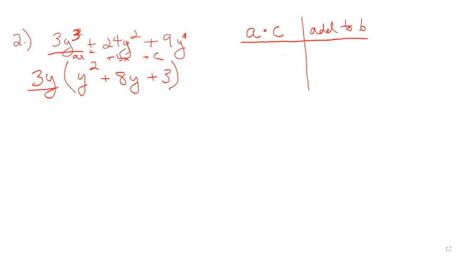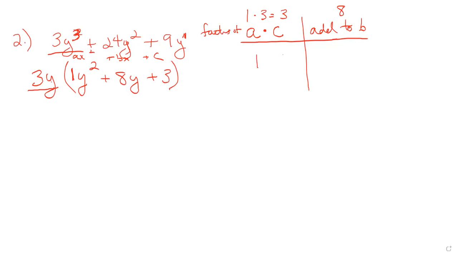Okay, so what does that mean? Well, here my a is a 1, my c is a 3, so I'm going to do 1 times 3 and get 3. So I'm looking for factors of 3 that are going to add to be b, and my b is an 8. So are there any factors of 3 that add to be 8? So when I say factors, what can you multiply together to get 3?